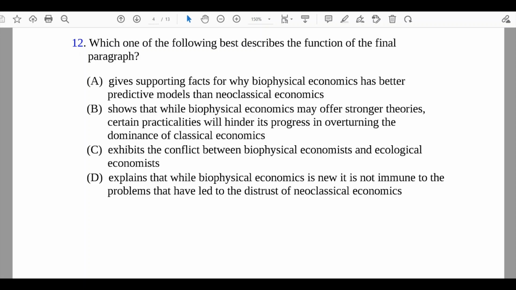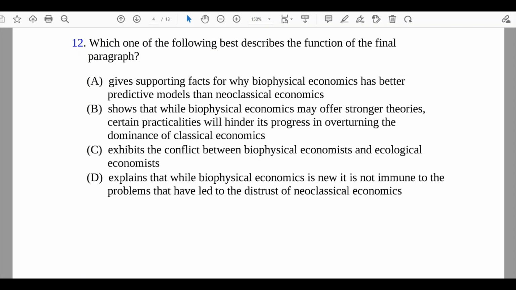Answer B says that certain practicalities will hinder the ability of biophysical economics to surpass classical economics. But the last paragraph says only that biophysical economics experiences the same problems as classical economics. Not that it will not overcome those problems and even surpass the other schools of thought.